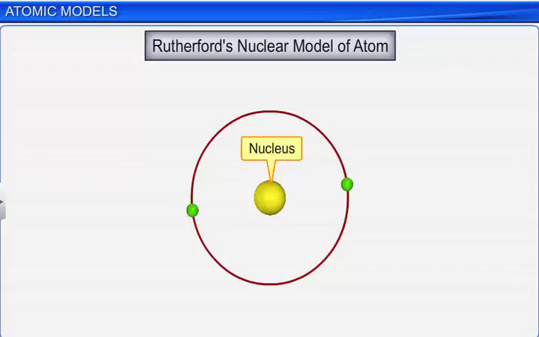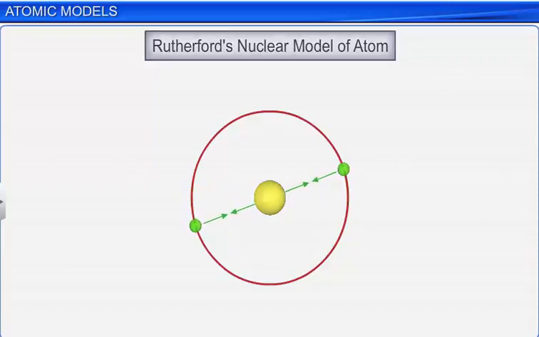They revolve around the nucleus with high velocities in circular paths, so as to counterbalance the electrostatic forces of attraction between the protons and electrons. Electrostatic forces of attraction hold the electrons and the nucleus together in an atom.